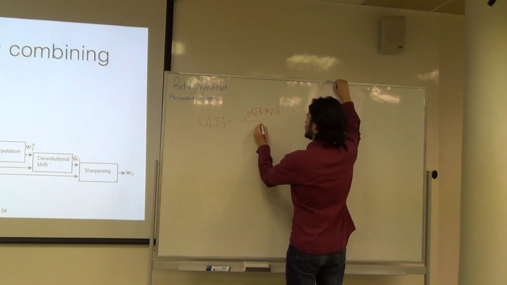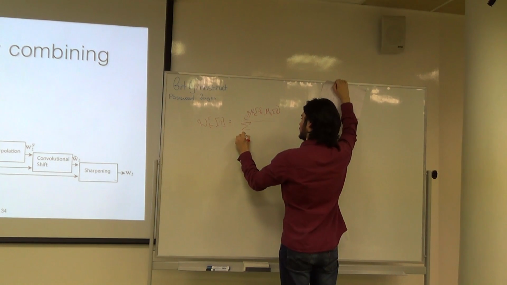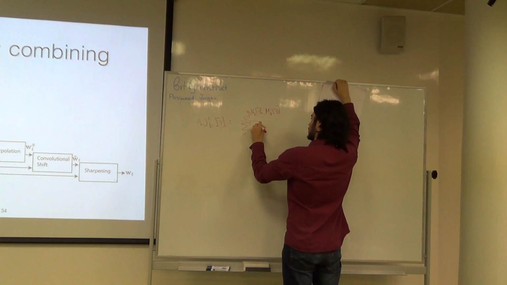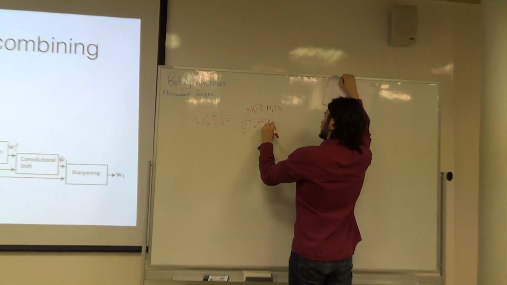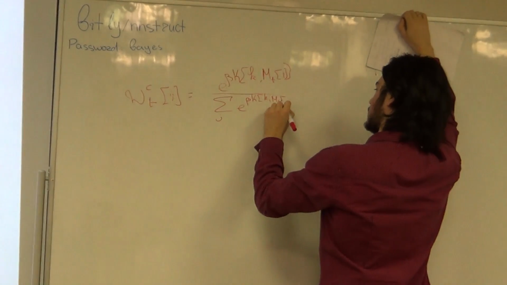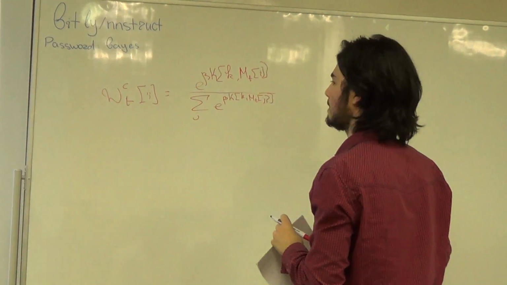And then we normalize it by dividing by the sum over j of e to the power beta times the kernel of k and M_t at the position j. So we've seen it already.